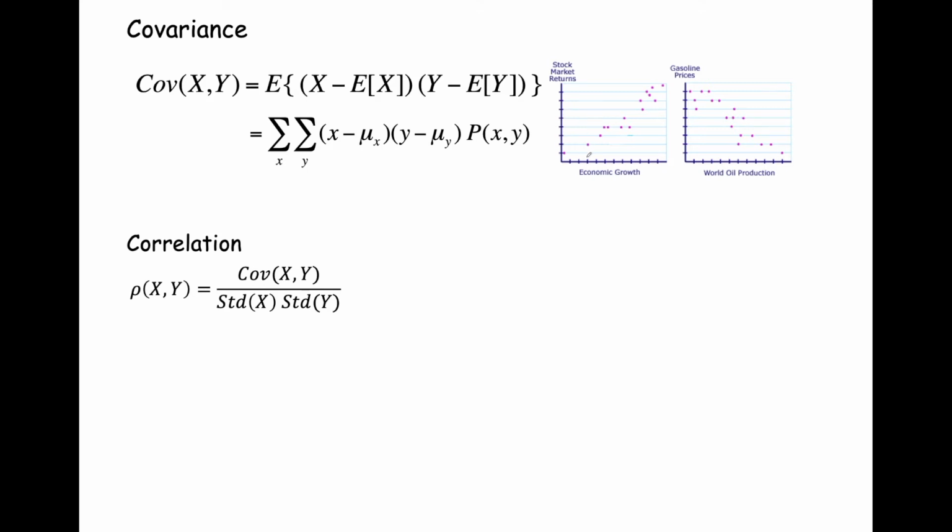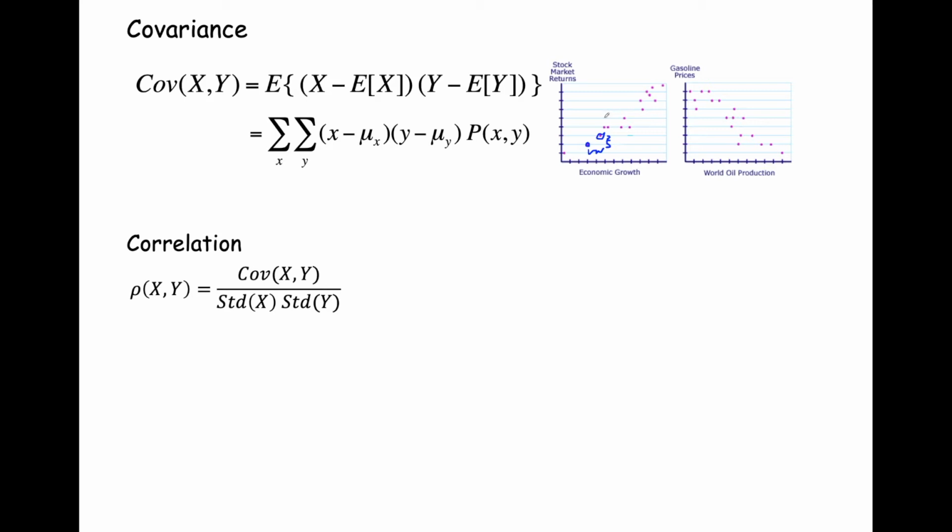And so here in this chart, we have economic growth versus stock market return. You can see for these points, if you go from one point to the next, for some delta unit step increase in economic growth, we have a commensurate delta or unit step increase in stock market return. And because it's a positive increase, the coupling or the relationship between these two variables, economic growth and stock market return, is a positive one, and hence we say a positive covariance.